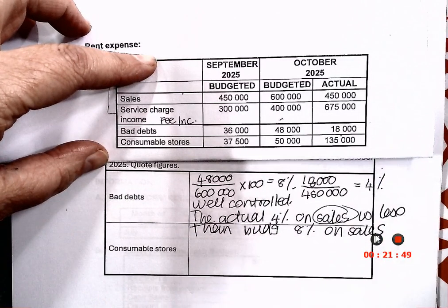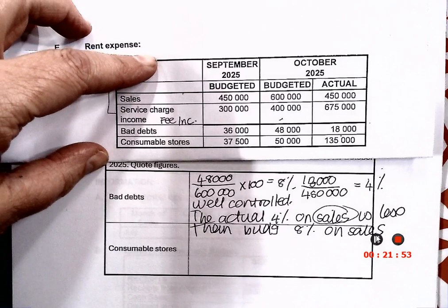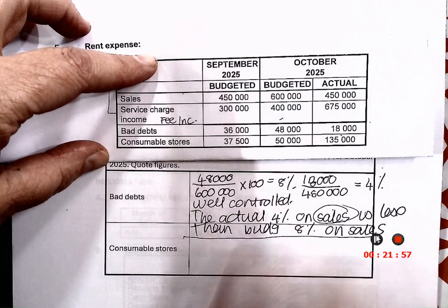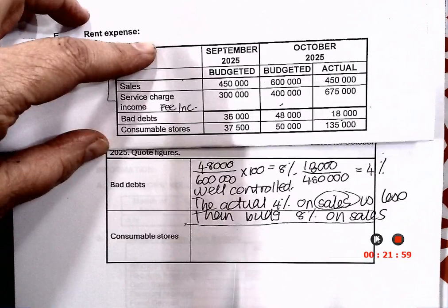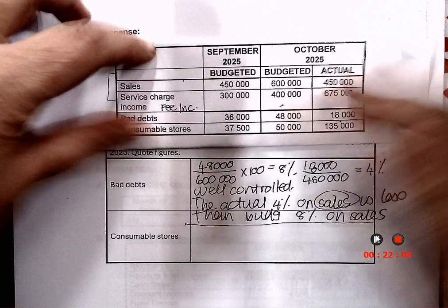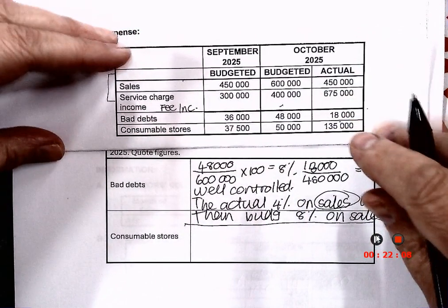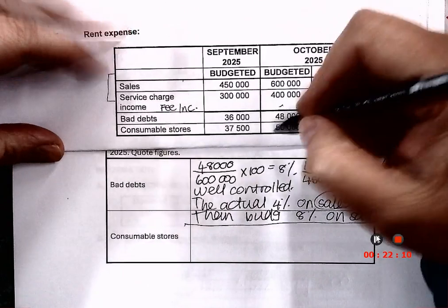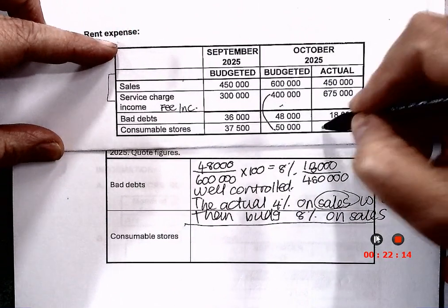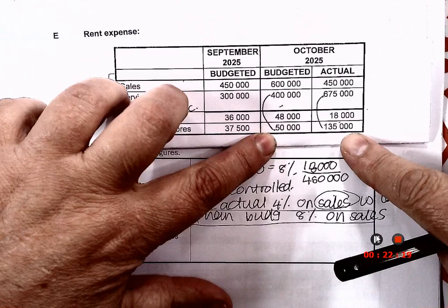Does it make sense? And I can tell you, you will never have enough space to write, so you make plans. So this is my plan. I've got space under here, so I'm going to continue consumables here. You have to get used to how they do it. So now I'm going to do the same with consumables, but consumables I'm going to link with service. Can you see it also went up? But let's see if the percentage is still the same.